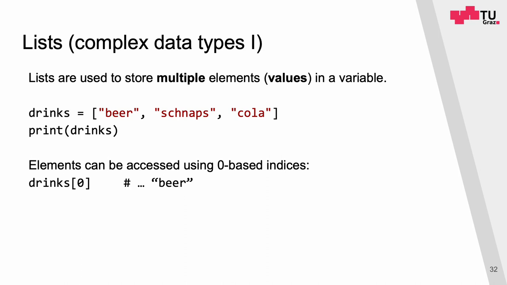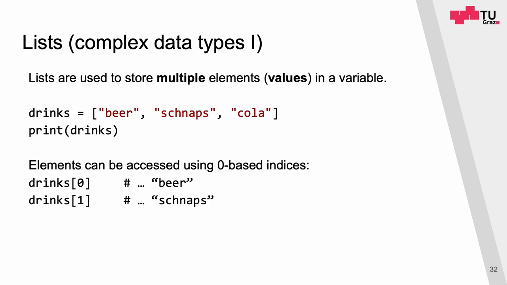For example, if we want to access the first element in our drinks list, we just need to type drinks followed by the square brackets and the index of the element. And as already said, the first element is accessed via the zero-based index, so we need to type 0. With this code, we can access the first element in the list.